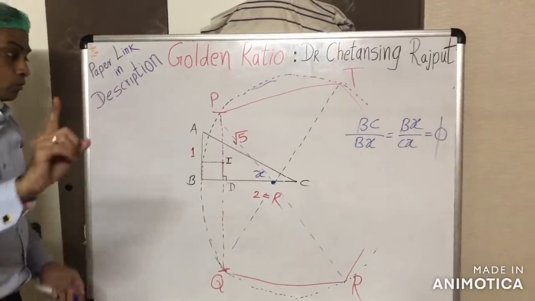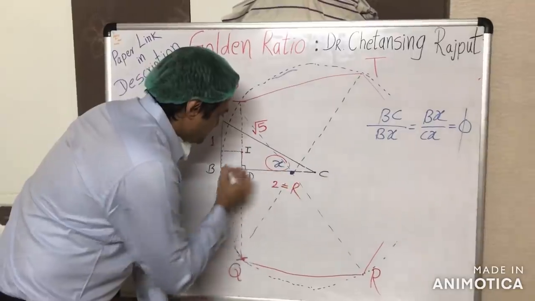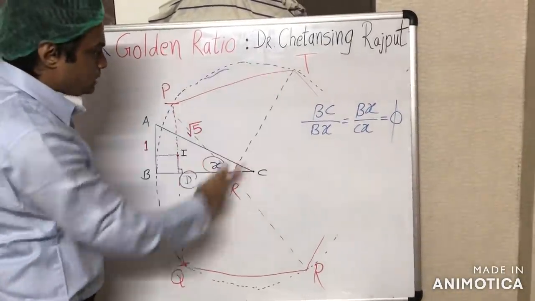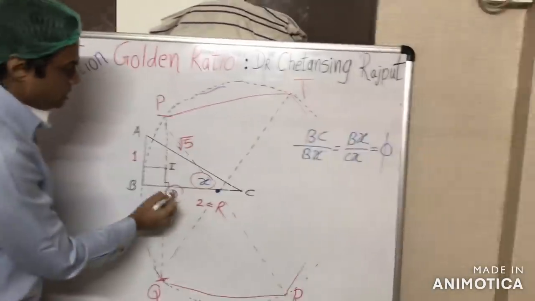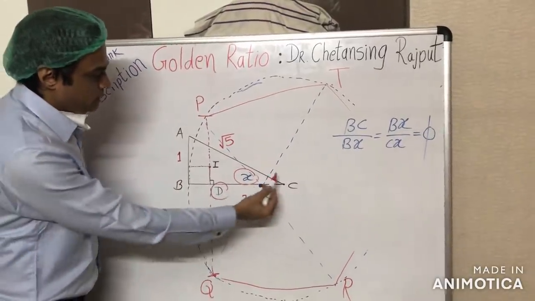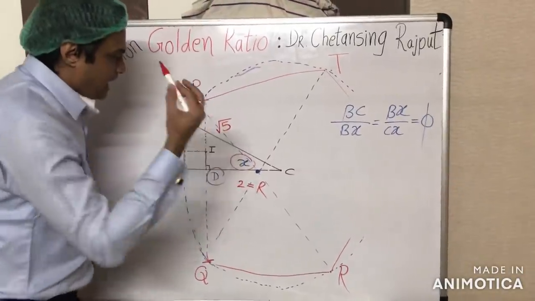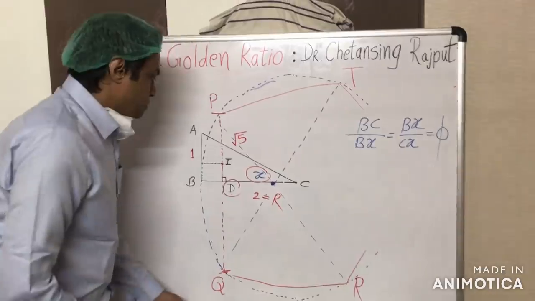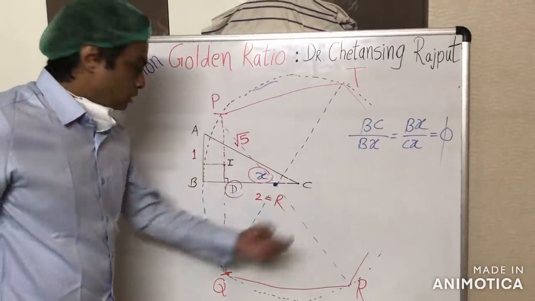Now more importantly, consider these two points, X and D. X is the point where the diagonals of the pentagon intercept the circumradius BC, and D is the point where the side of the pentagon PQ intercepts the circumradius BC. These two points, D and X, precisely divide the circumradius in the ratio 1, √5 and 2.